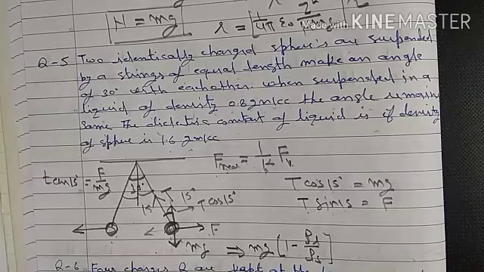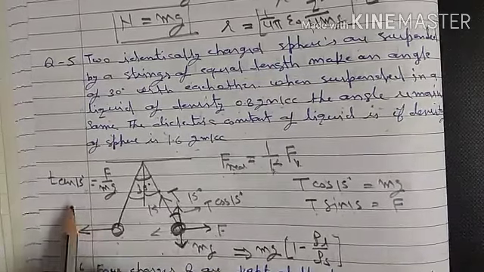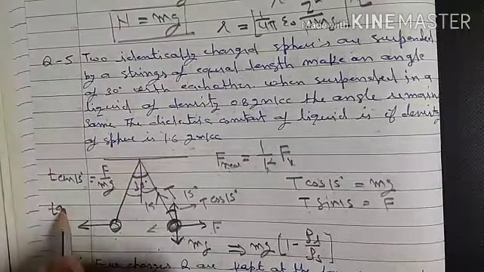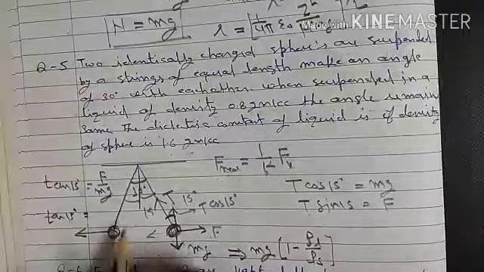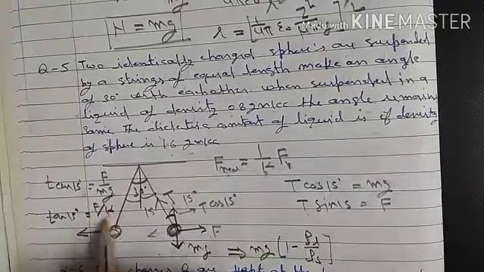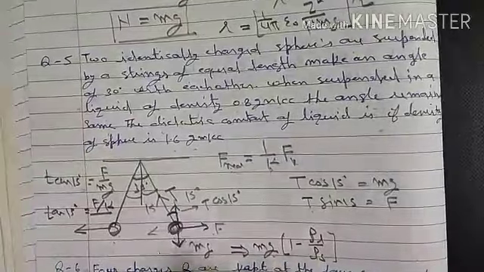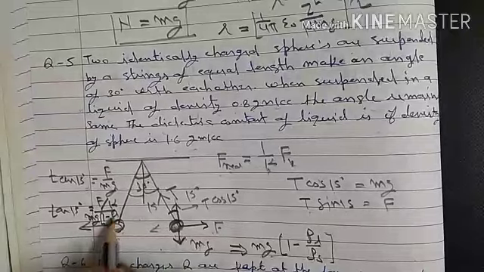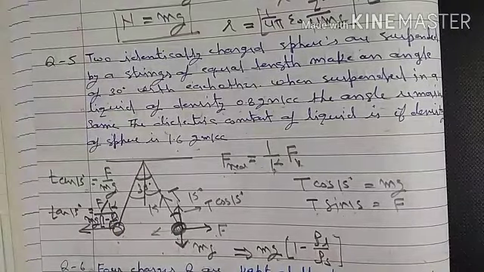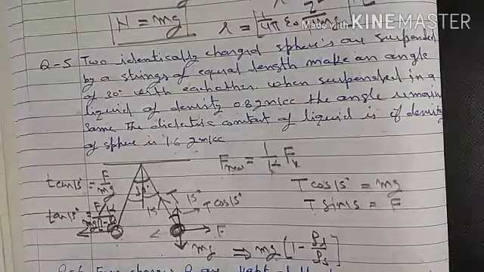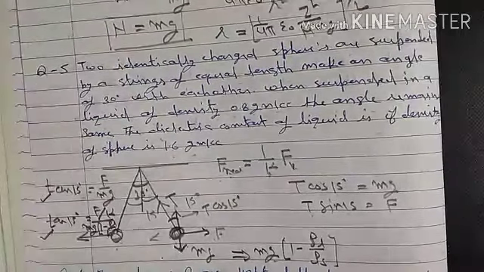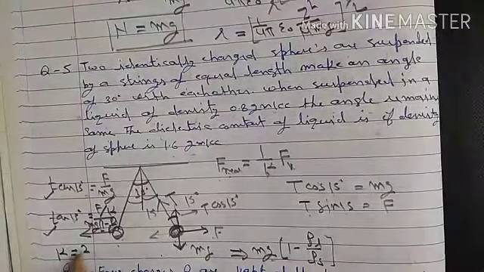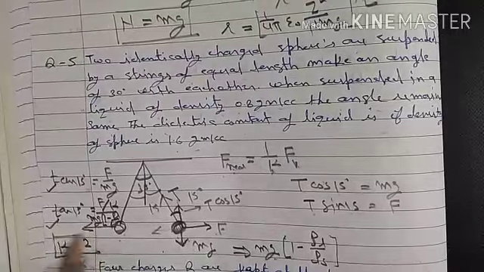Now for the second situation, we will write tan 15 degree is equal to F by K divided by mg into 1 minus rho L by rho S. By comparing both relations, we'll get K equal to 2.